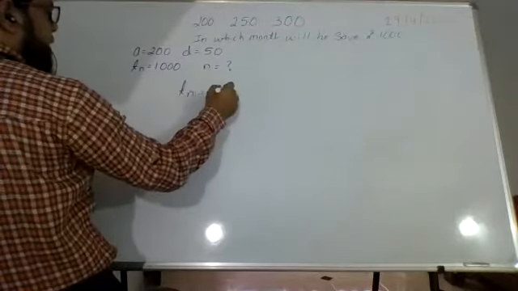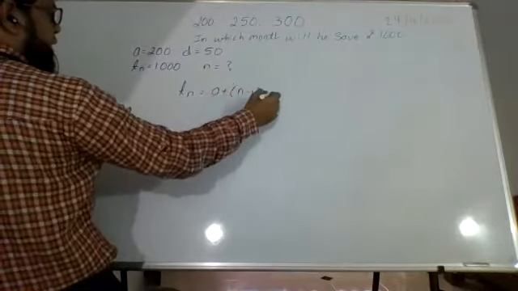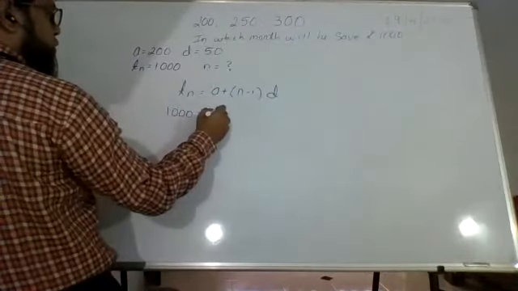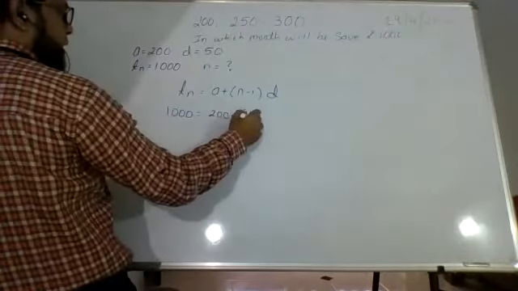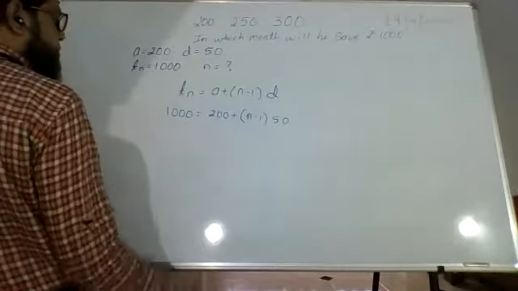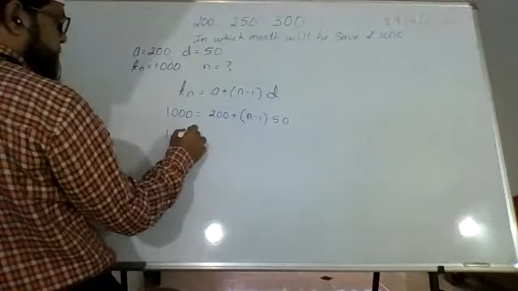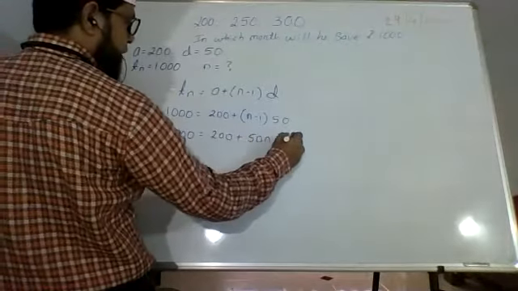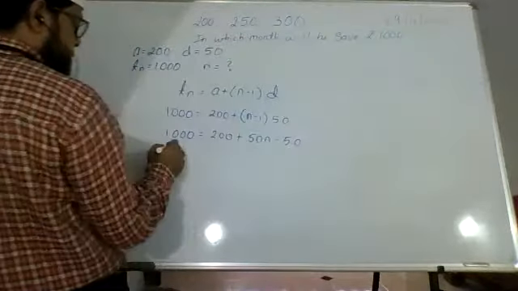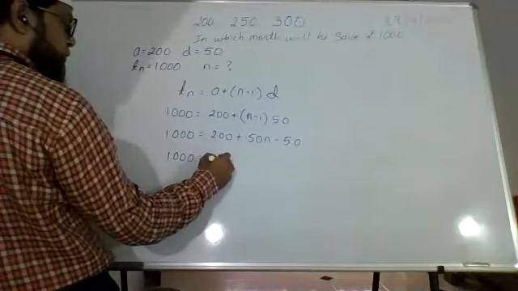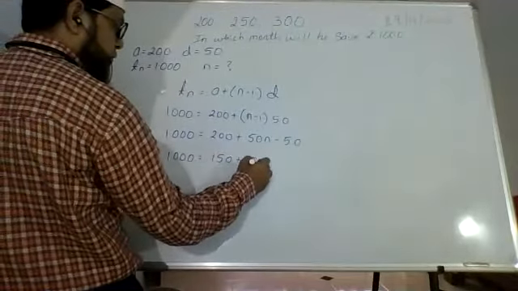We have a simple formula. Tn equals a plus n minus 1 into d. 1000 equals 200 plus n minus 1 into 50, which is 200 plus 50n minus 50. So 1000 equals 150 plus 50n.